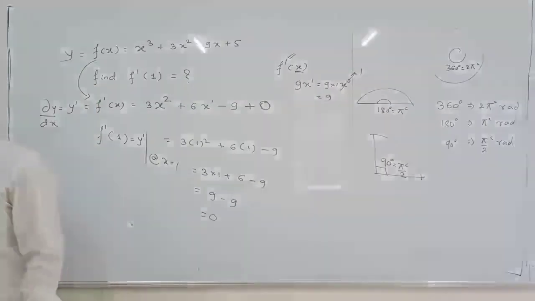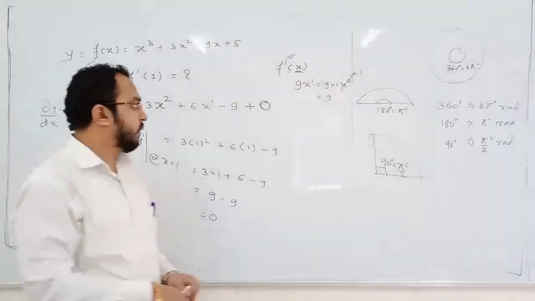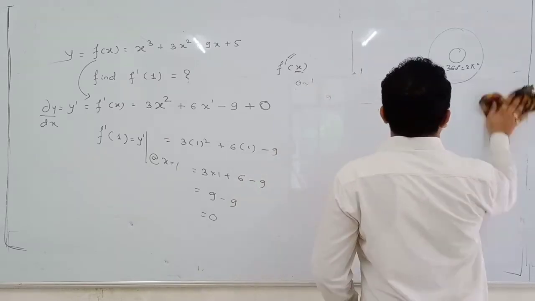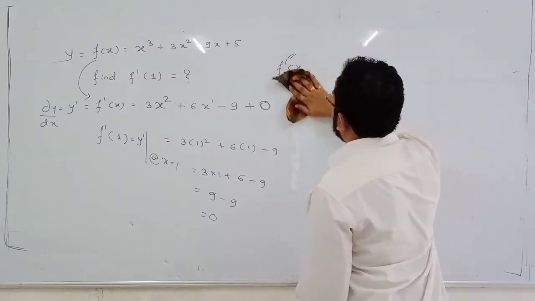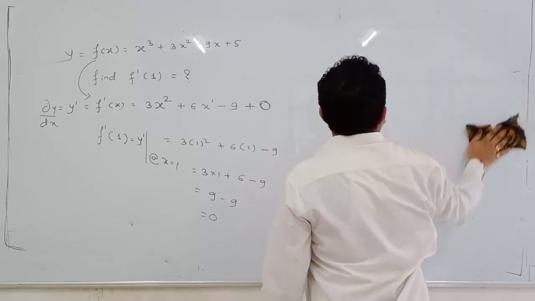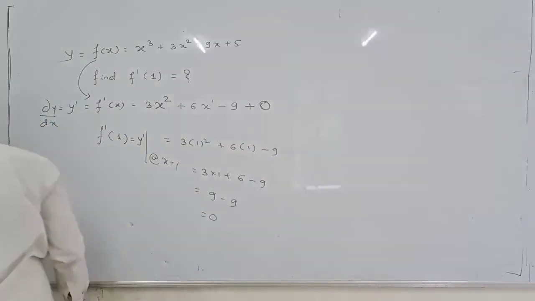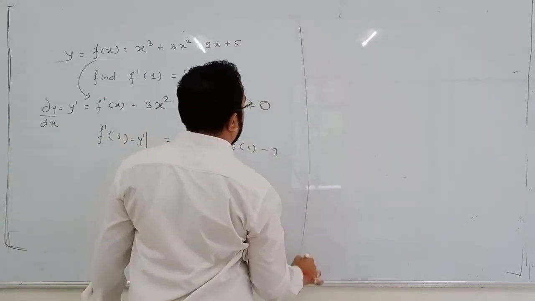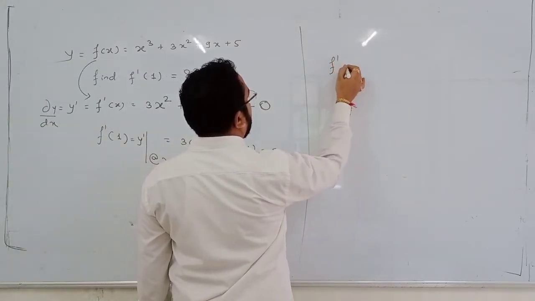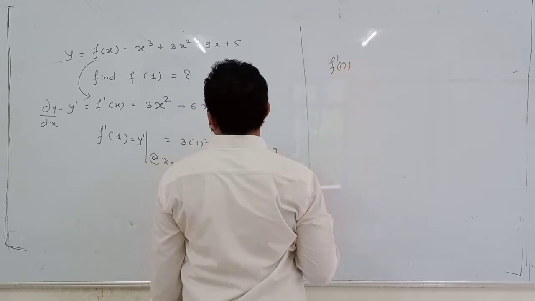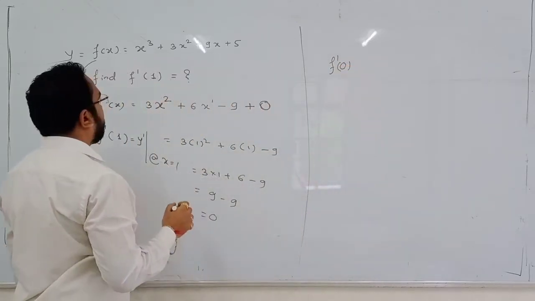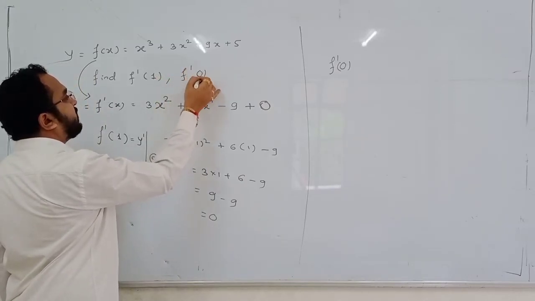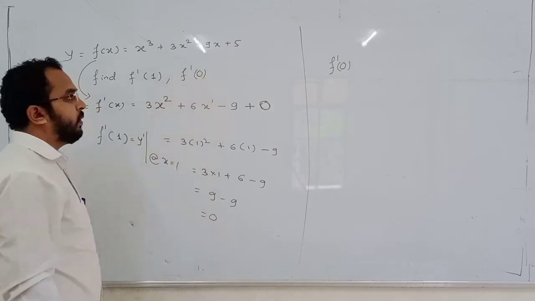Suppose f dash of 0 is asked. Okay. So find f dash of 1 and f dash of 0.